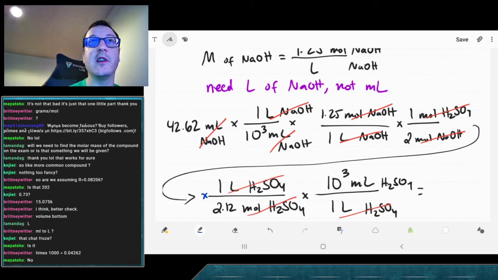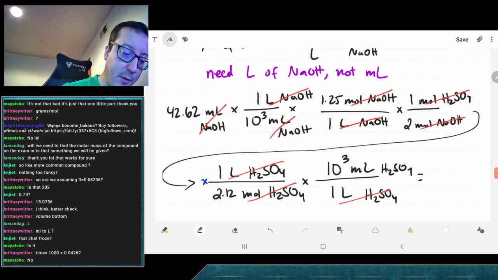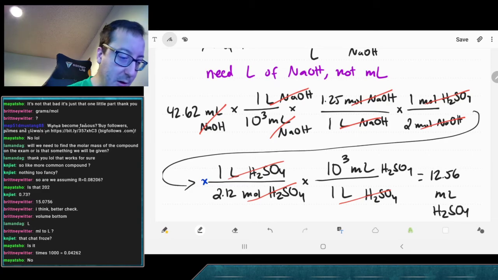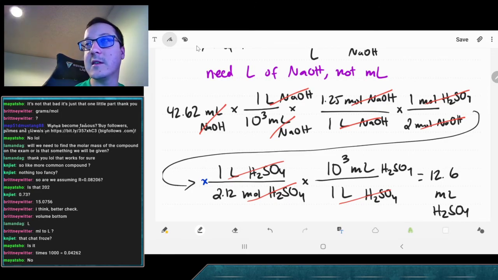I guess we could just ignore the times 1,000 with the divide 1,000, but that's okay. Doing all this fun stuff, we get 12.56 milliliters of H2SO4. Doing a quick sig fig check, though, it looks like we're going to need 3 sig figs, so let me go ahead and round it for us. Woo! That was exciting.